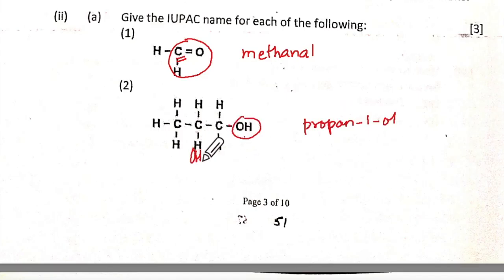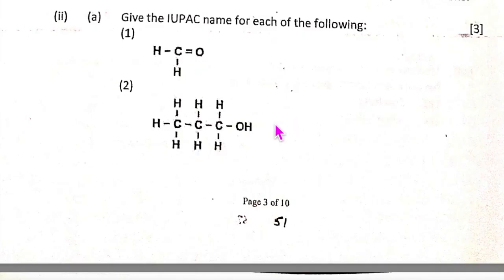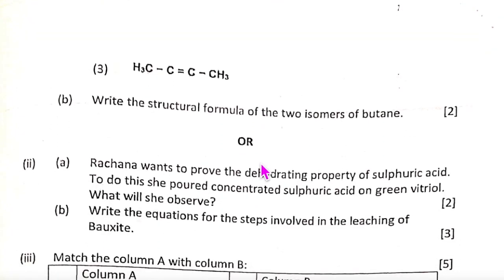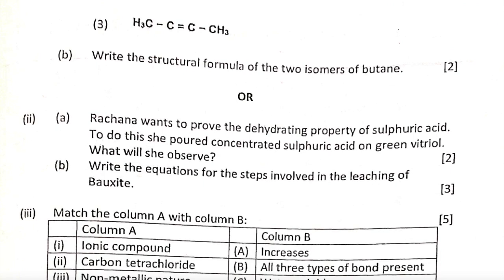It could have been here also. So it's not propanol, it is propan-1-ol. One mark gone. Tell me, 1, 2, 3, 4, butene. The second carbon has the double bond. Did you get that one mark?